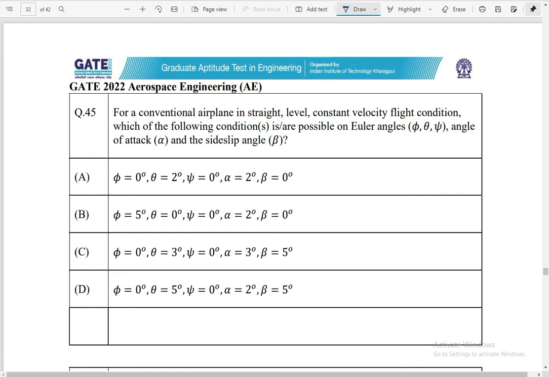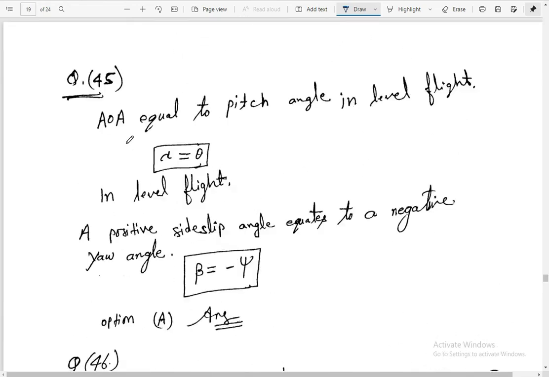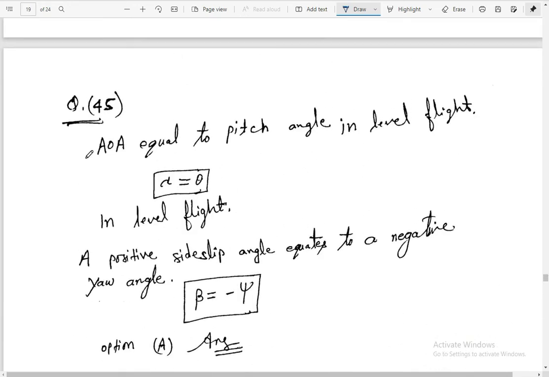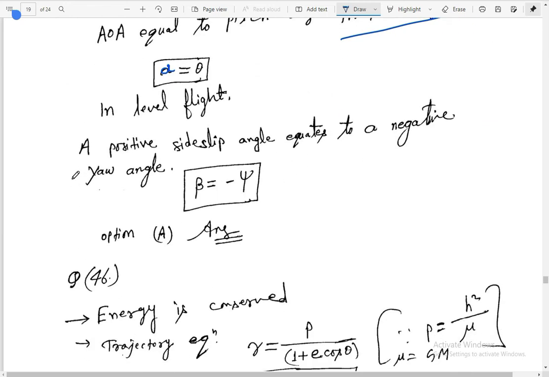For question number 45, we have some conditions in level flight. Angle of attack is equal to the pitch angle, and sideslip angle is equal to the negative of the yaw angle.